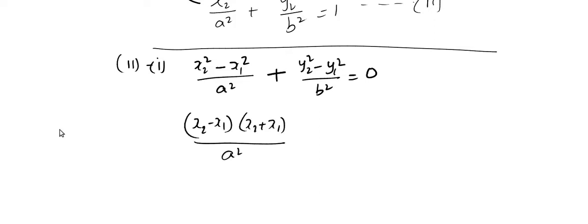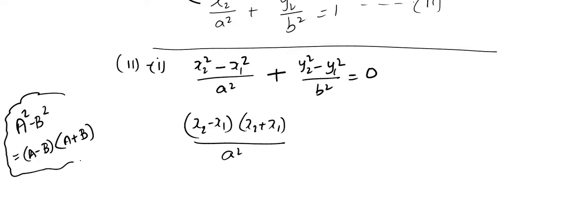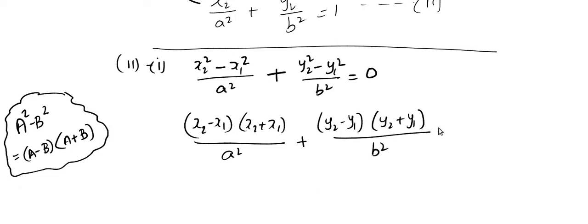All of you know the formula, a square minus b square. Still, if there is someone who doesn't know the formula, please do note this. It might sound silly for someone, but for someone else it might be a treasure. So y2 minus y1 into y2 plus y1 by b square is equal to 0.